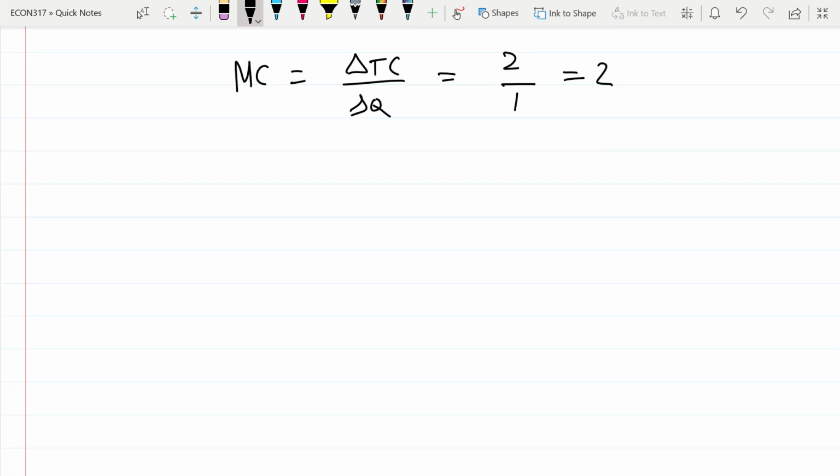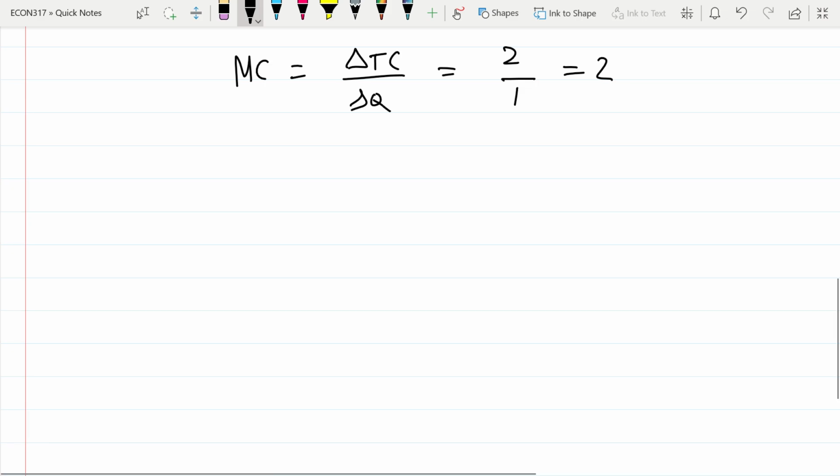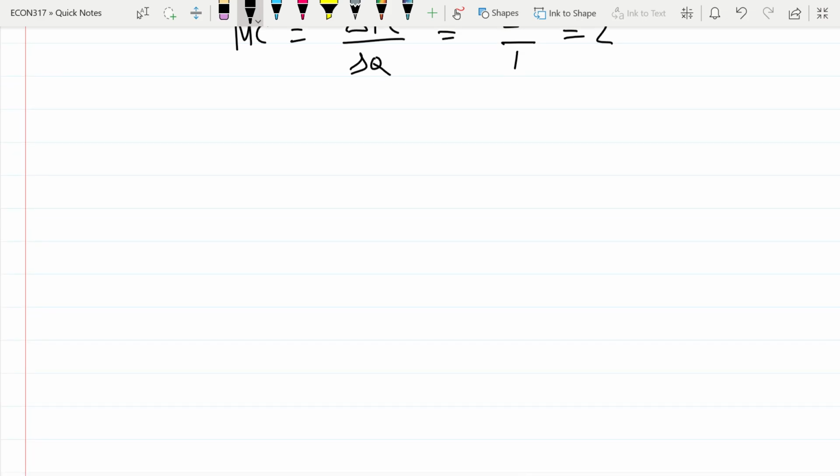I will like to draw the total cost, the fixed cost and the variable cost, and I will request you to draw the average variable cost, the average fixed cost and the average cost along with the marginal cost yourself.